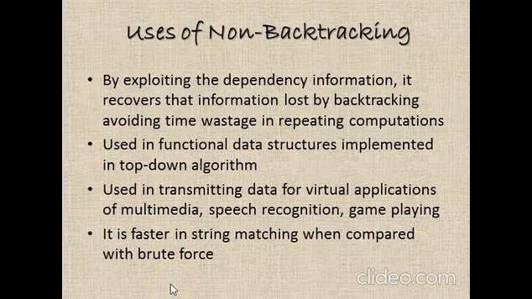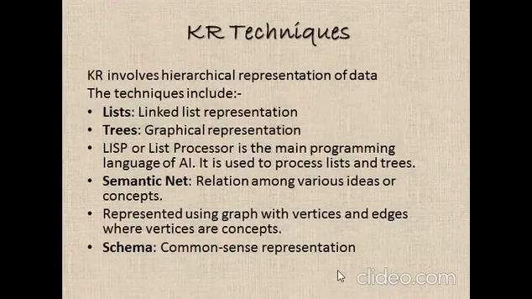Again, these are used in transmitting data for virtual applications of multimedia, speech recognition and game playing. It is faster in string matching when compared with brute force. So these are some of the uses of non-backtracking.